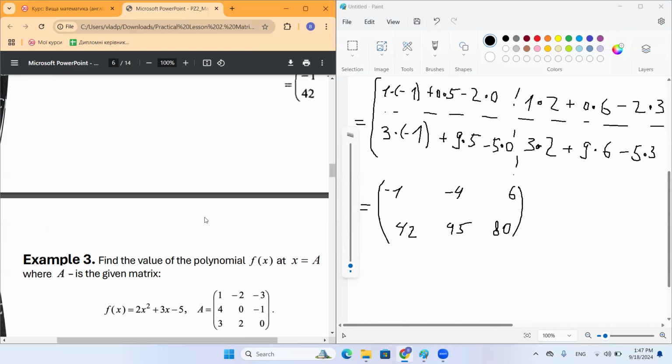We can place our matrix A in place of X. So for instance, it is going to be 2 multiplied by matrix A multiplied by matrix A plus 3 multiplied by matrix A minus 5. But how can we subtract a number from the matrix?